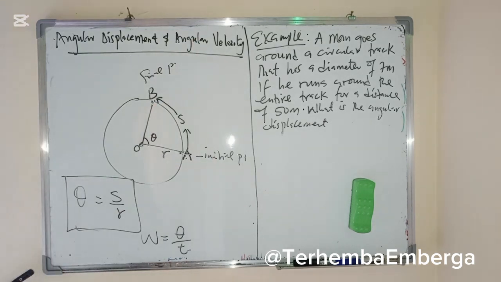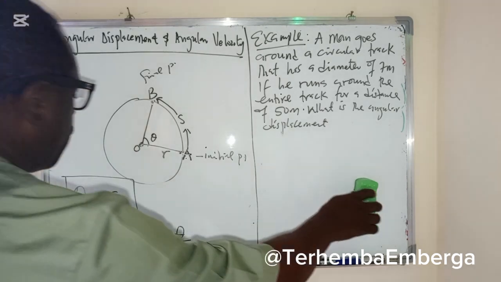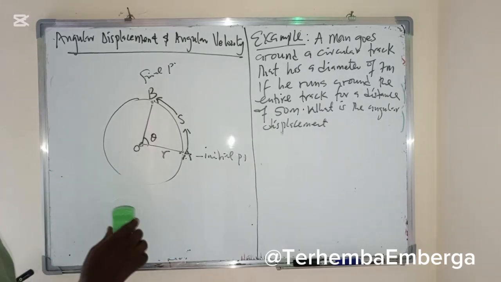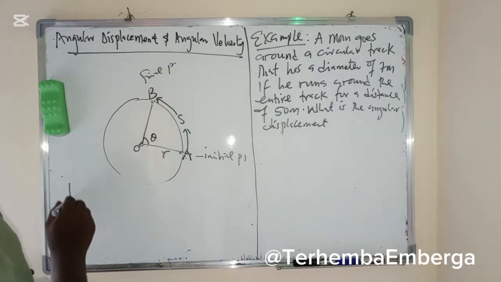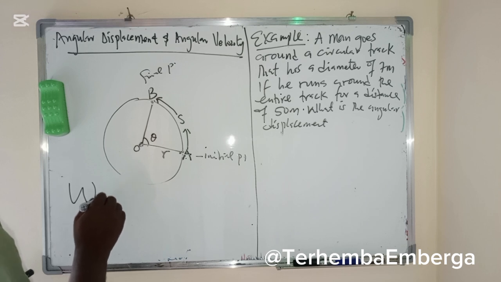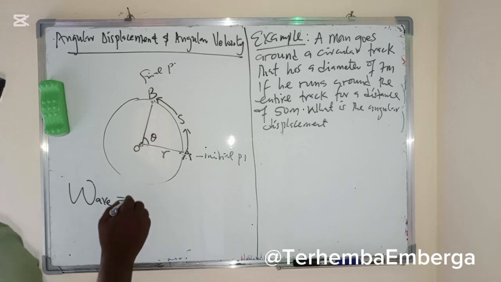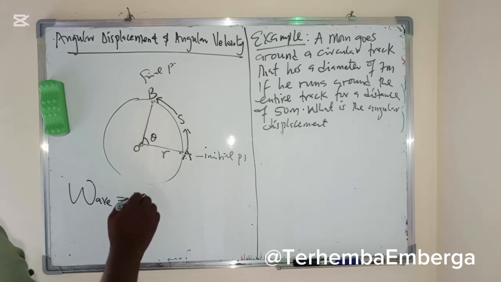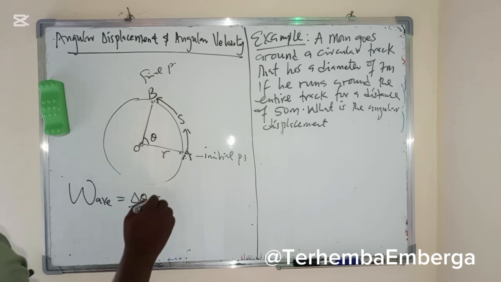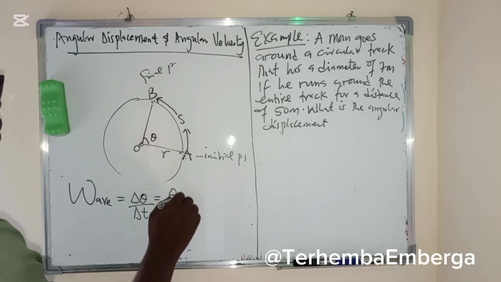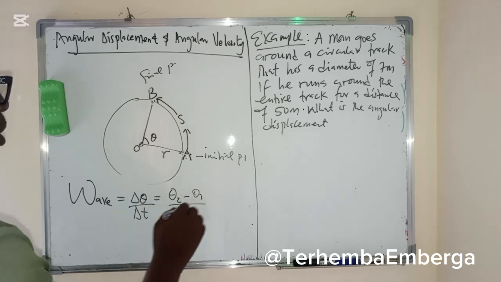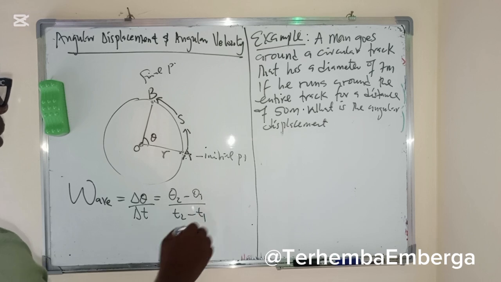So, when we have what we call average angular velocity, we can say that we have the change in the angle and the change in the time, which you can write as theta 2 minus theta 1 all over t2 minus t1.